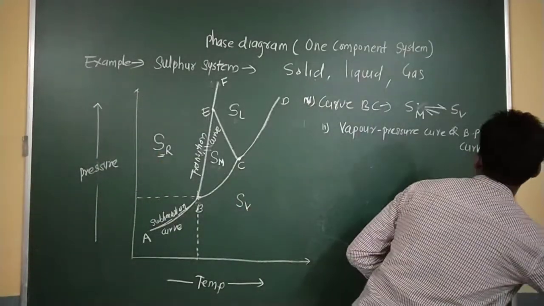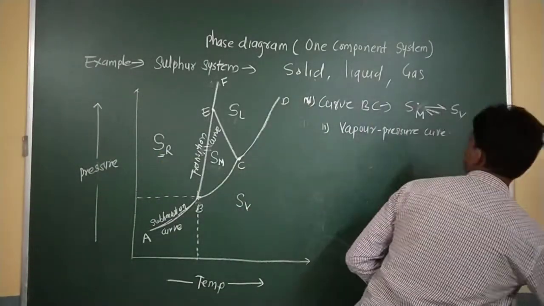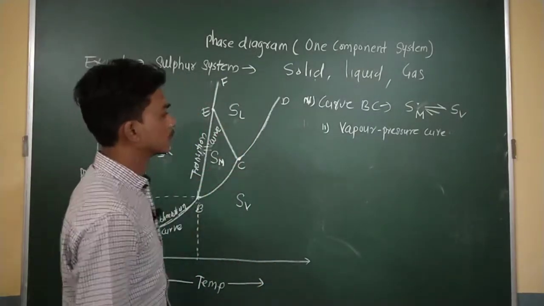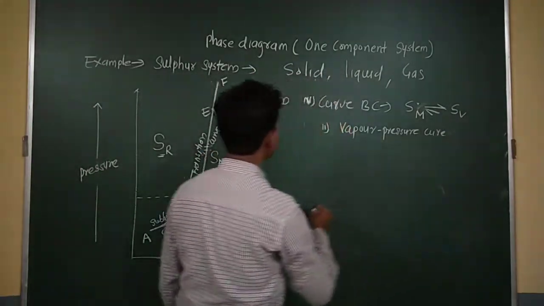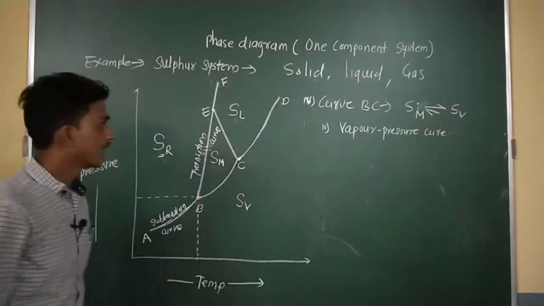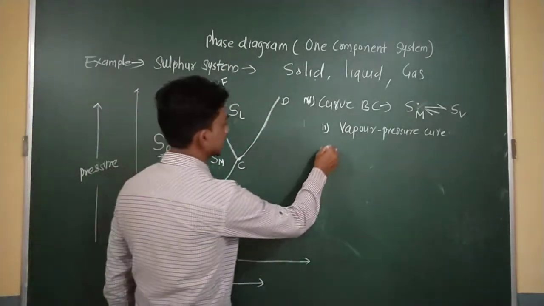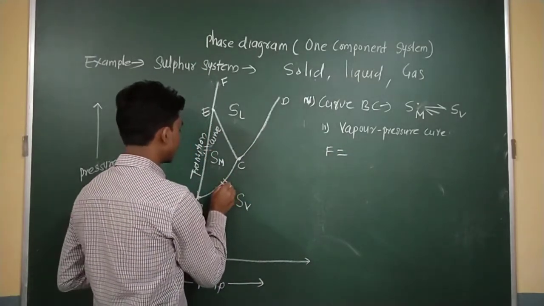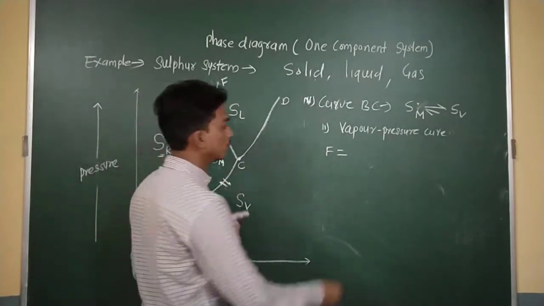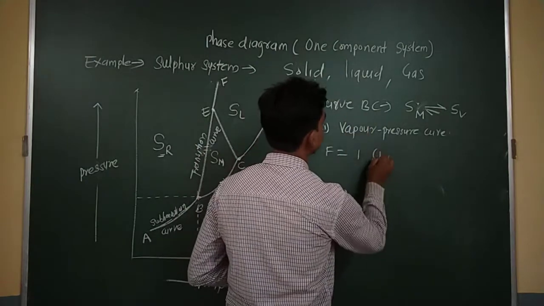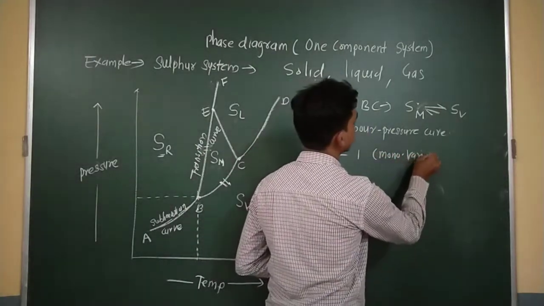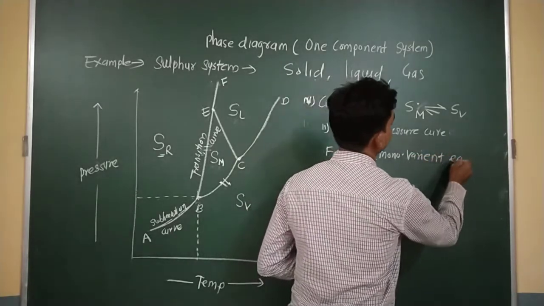We cannot say it like that, boiling point. That curve is the vapor pressure curve, and at that point, F is equal to what? F is equal to 1. That means this is also monovariant system, monovariant equilibrium.